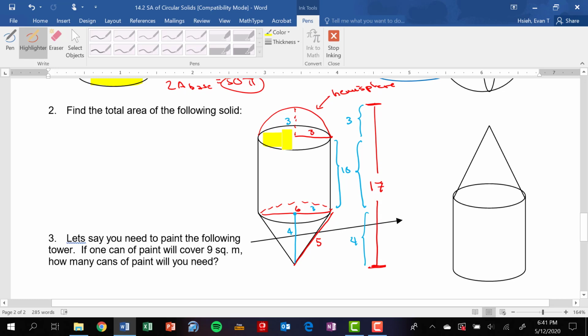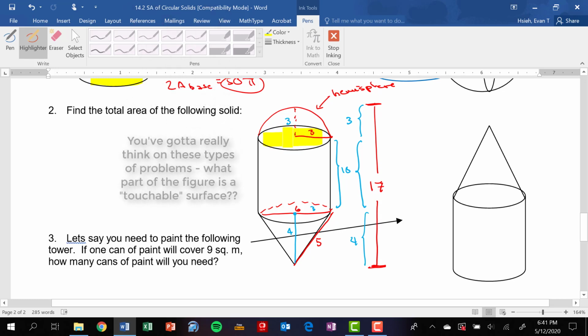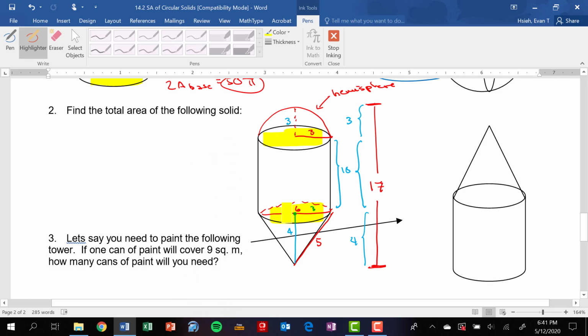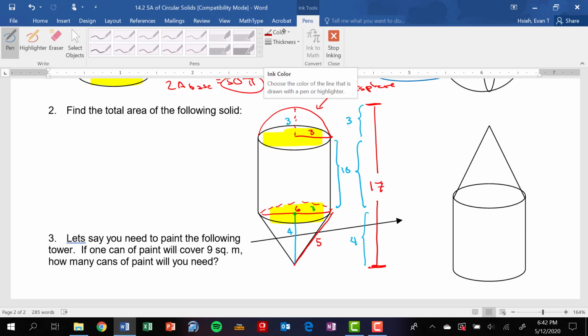So for example, normally I would include this base in this hemisphere or on the top of the cylinder, and also this base, which is the base of the cone, but also one of the bases of the cylinder. I don't have to include those in my calculations, and I don't want to, in fact, include those in my calculations for the total surface area of this figure.